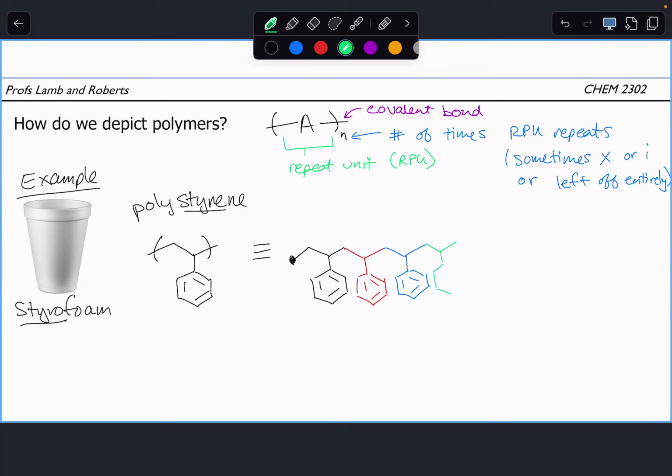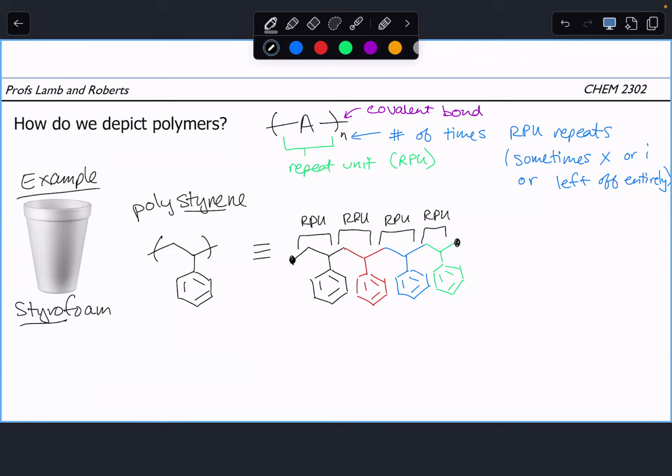Each one of these colors represents another repeat unit, and that will continue on in both directions. Hopefully you can see that this is one repeat unit, and then it repeats again, and again, etc. So it keeps going in both directions, and each one of those is a repeat unit.